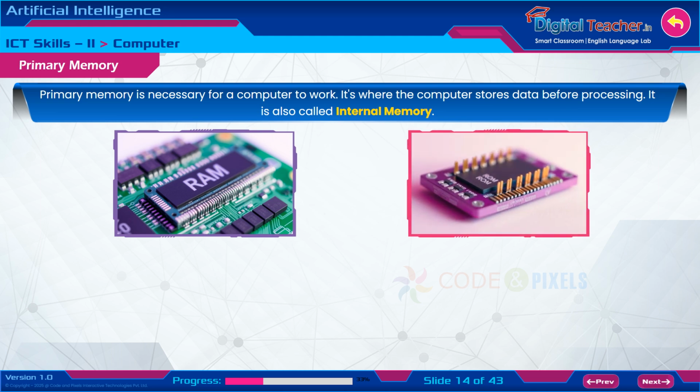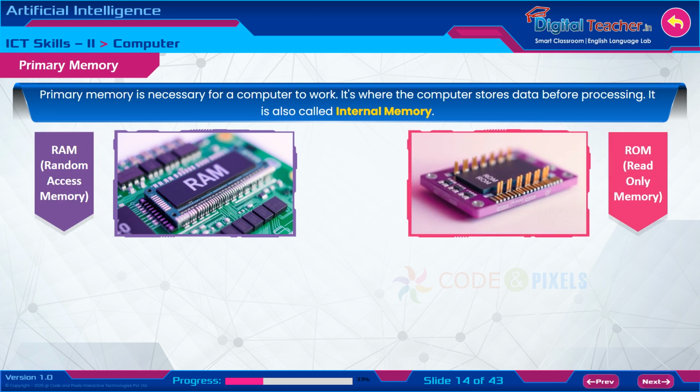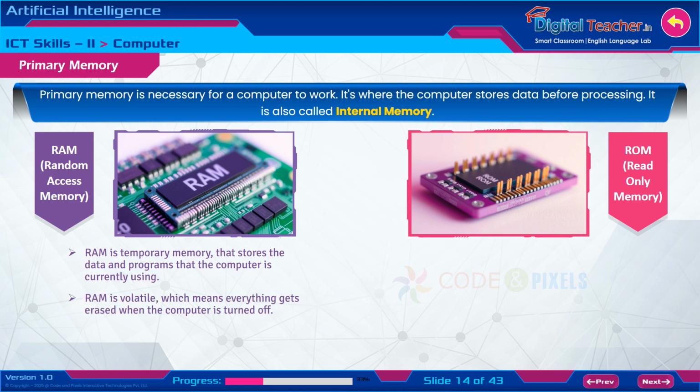There are two types of primary memory: RAM and ROM. RAM is temporary memory that stores the data and programs that the computer is currently using. RAM is volatile, which means everything gets erased when the computer is turned off. It is called random access because the computer can quickly go to any part of the memory to read or write data.